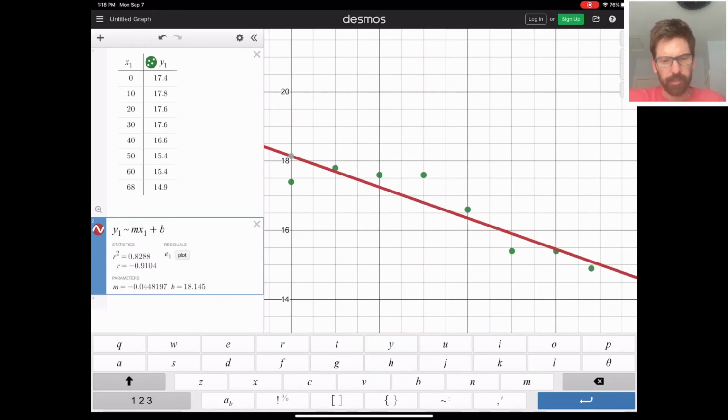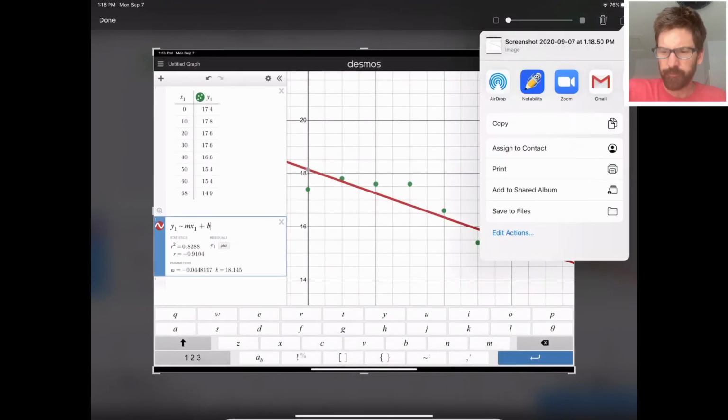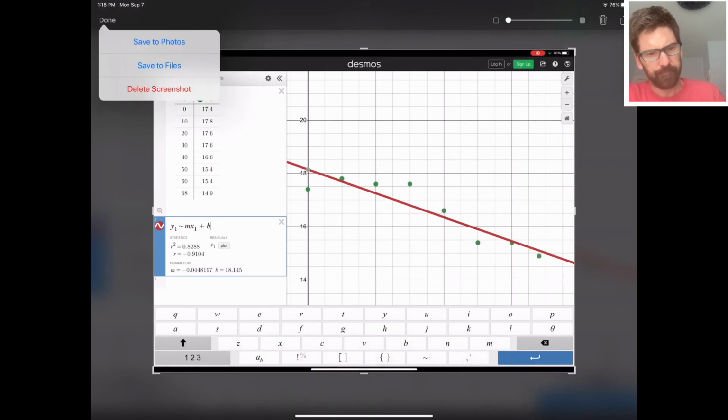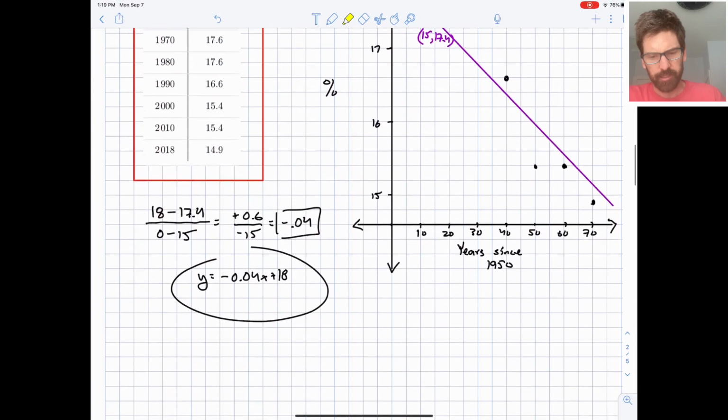Okay, and so you can see that those ones, the y1 and the x1, we're just throwing those in because those are the names of the columns in our table, x1 and y1. Okay, let's see if we can copy this over to my other screen, and get it pasted in here.